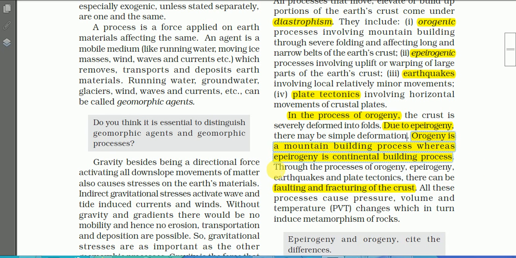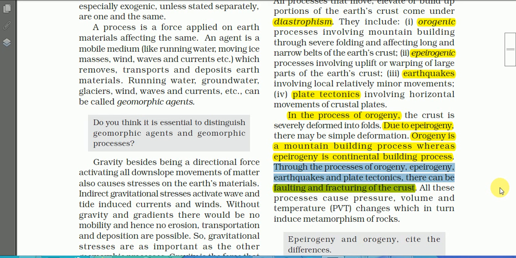Through the processes of orogeny, epirogeny, earthquakes, and plate tectonics, there can be faulting and fracturing of the crust. Because of all these diastrophism processes, there can be deformation on the earth surface.